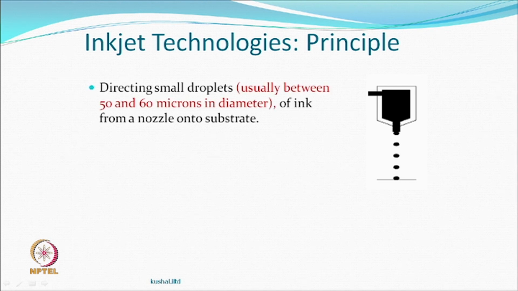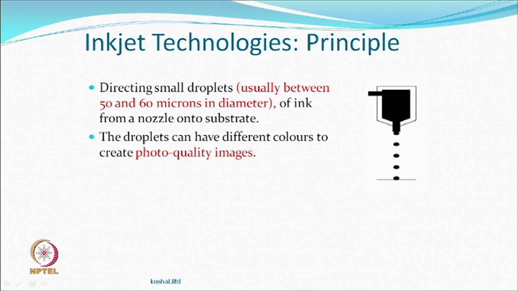But think of this, what you are looking at is 50 to 60 microns in diameter. Photo quality image can be created here as well. So, these 4 colors will do. What exactly happens in this process color is that green is not made by putting one drop over the other.